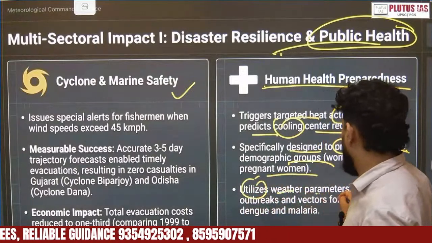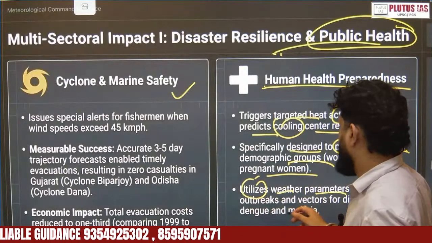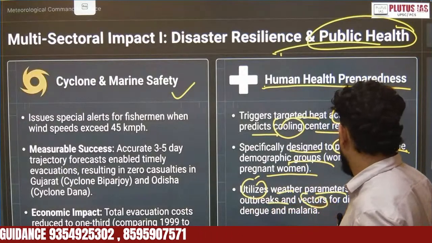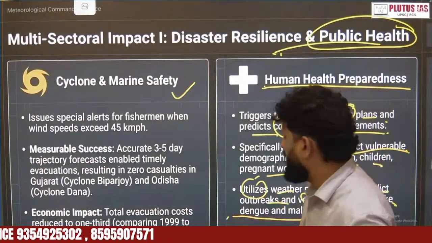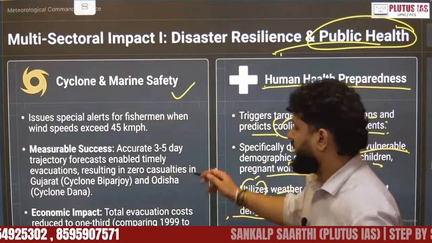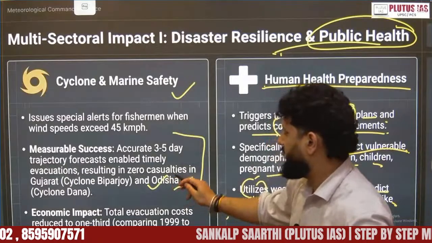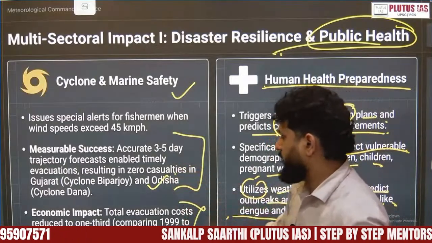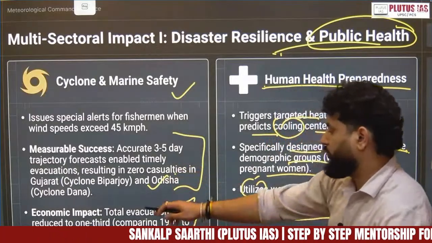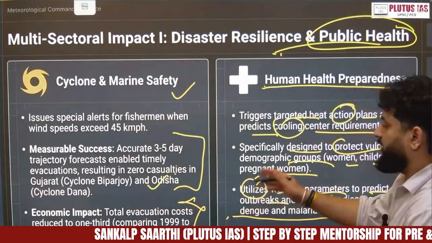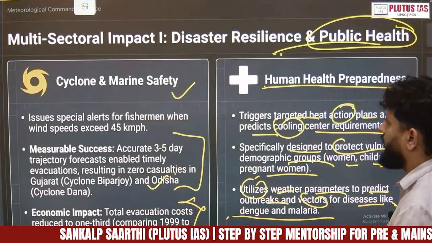Utilize weather parameters to predict outbreaks of vector-borne diseases like dengue and malaria. Like the Biparjoy example, where evacuation happened. Economic impact: total evacuation cost reduced to one-third, comparing 1990 and 2024. Okay.